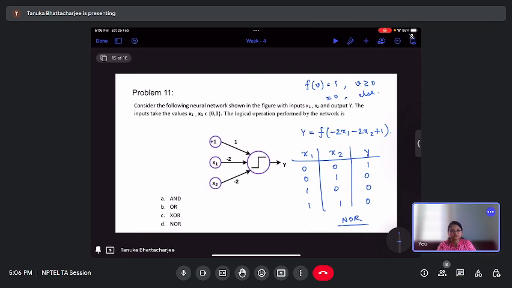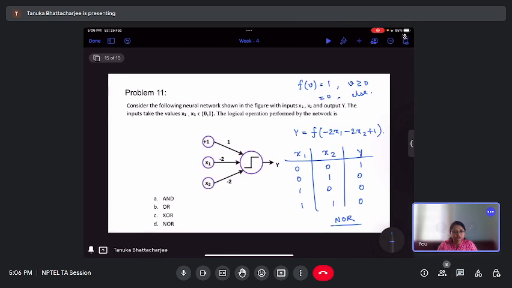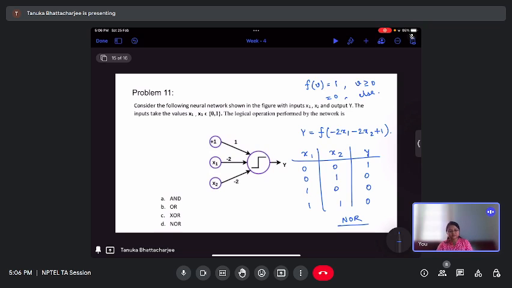So, I hope that is clear to everyone. I had one answer that it is the OR function. So, that is not the case. If you simply write down the equation of your output and compute the output, it is the NOR function.